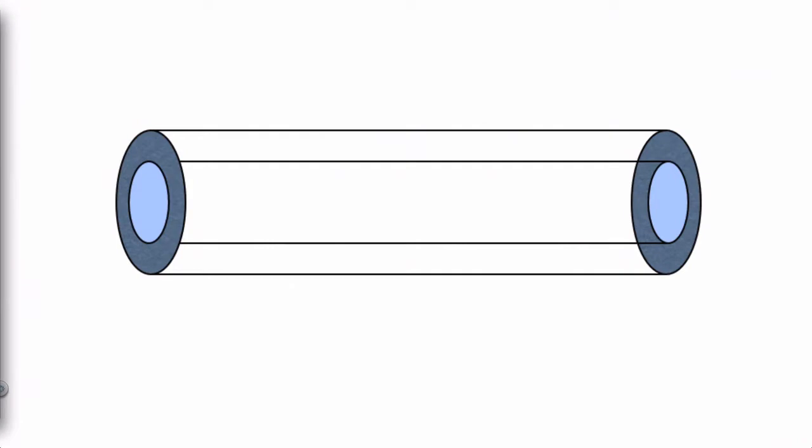If we were to zoom in on a strand of fiber optic cabling, it would look something like this. And by the way, we have two strands typically when we're connecting a piece of equipment. One strand is for transmission and one strand is for reception. Here on screen though, we're just zooming in on a single strand of fiber optic cabling, and you'll notice that it's not a single piece of glass. You'll notice that we have an inner core, and outside of the core we're surrounded by an outer cladding.